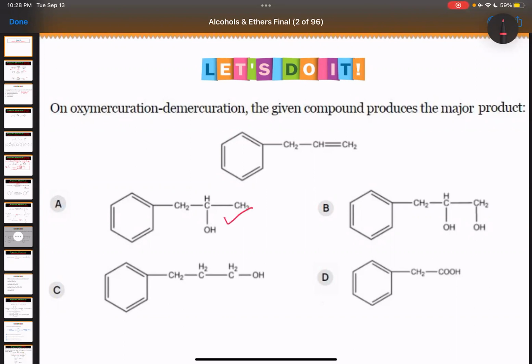But if we had taken dilute H2SO4, this is also a very common question with dilute H2SO4 or H3O plus, then what could have been the answer? H plus you are going to add here.